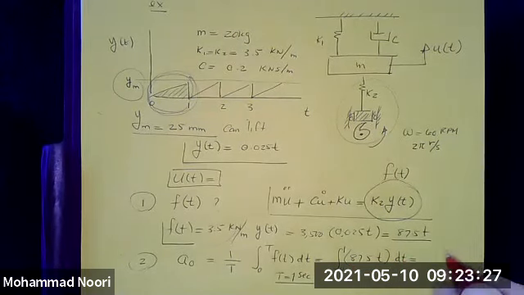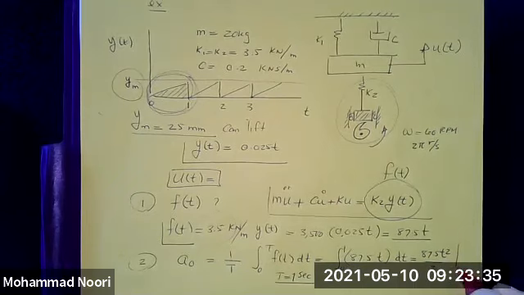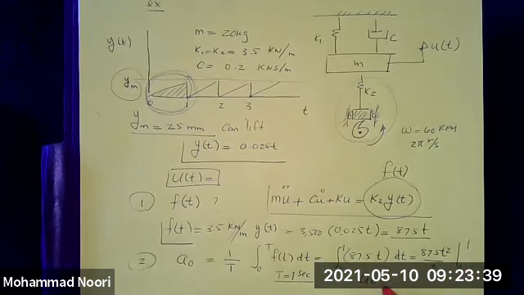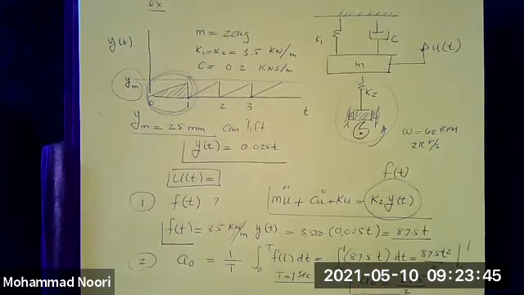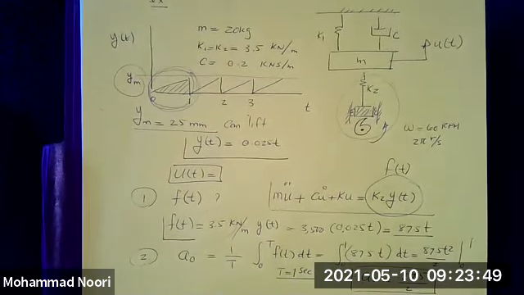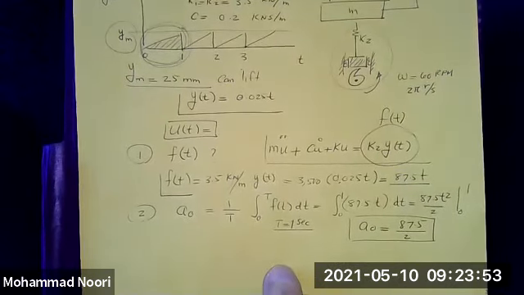So just a simple integral would be what? 87.5 t squared over 2, evaluated from 0 to 1. If you evaluate that, you get a naught that comes out as 87.5 divided by 2. So this is the first coefficient of the Fourier series. Okay. Any questions? No? All right.